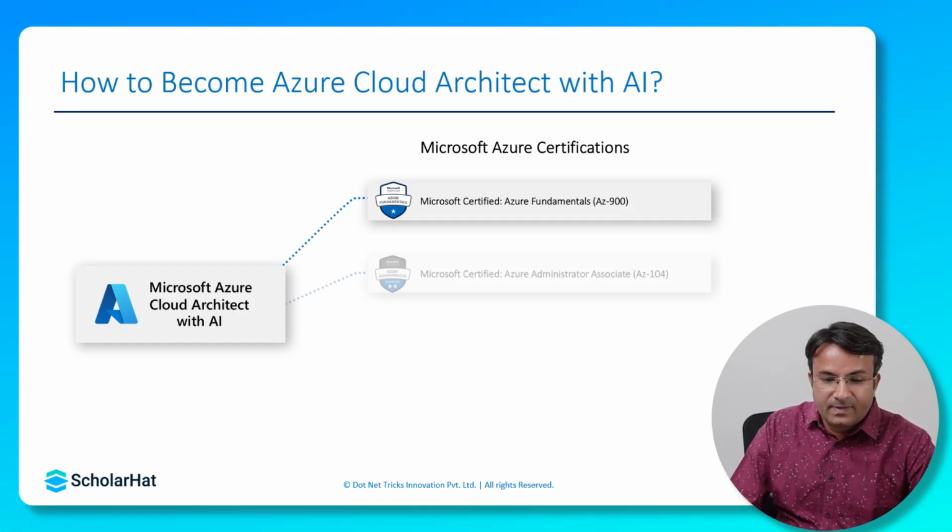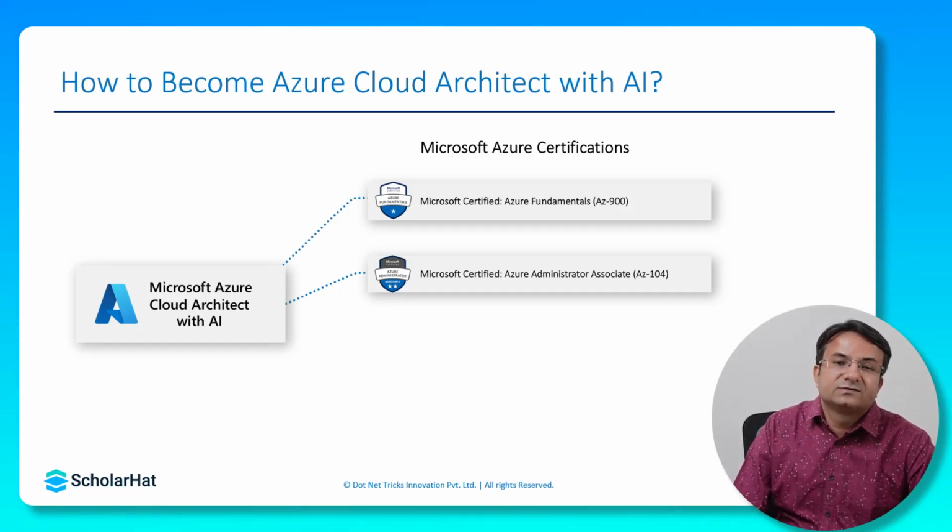Second, we have the Microsoft Certified Azure Administrator Associate, with exam code AZ-104. You should know how to configure the various Azure services and how to administer them. As an administrator, you should know the Azure Administrator Associate related services.